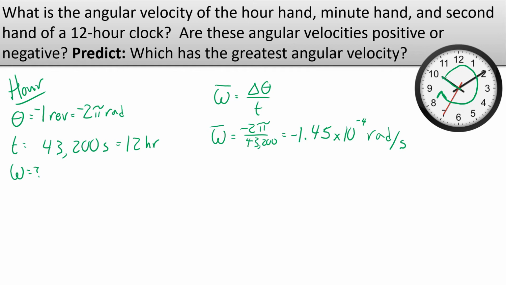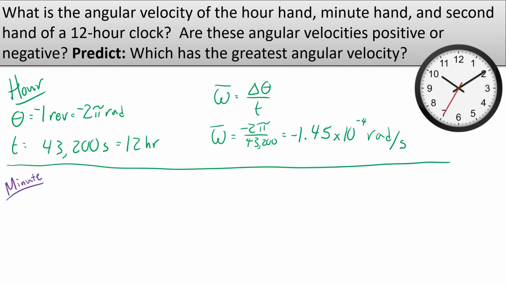Okay, let's do the minute hand. So for the minute hand, again, we'll think about, okay, how long does it take the minute hand to go around once, meaning an angular displacement of 1 revolution or 2 pi radians, and you're going around clockwise, so we'll make that negative. All right, so what is the time it takes for the minute hand to go around once?